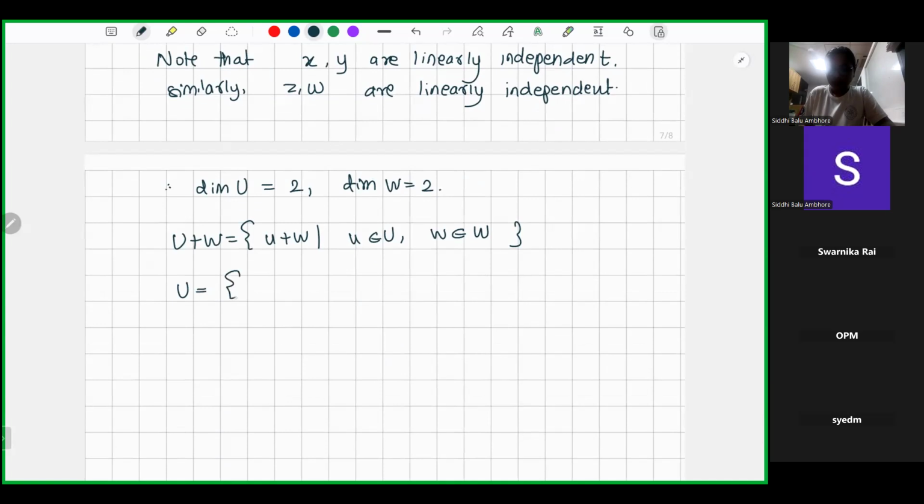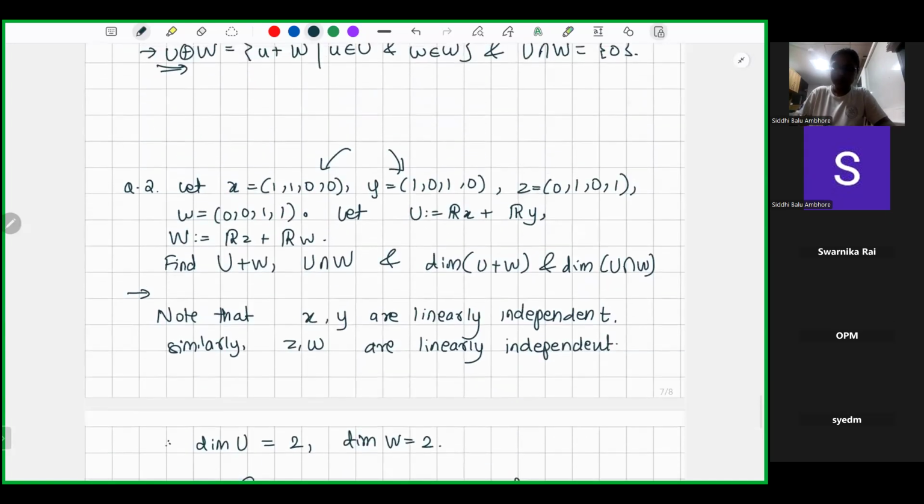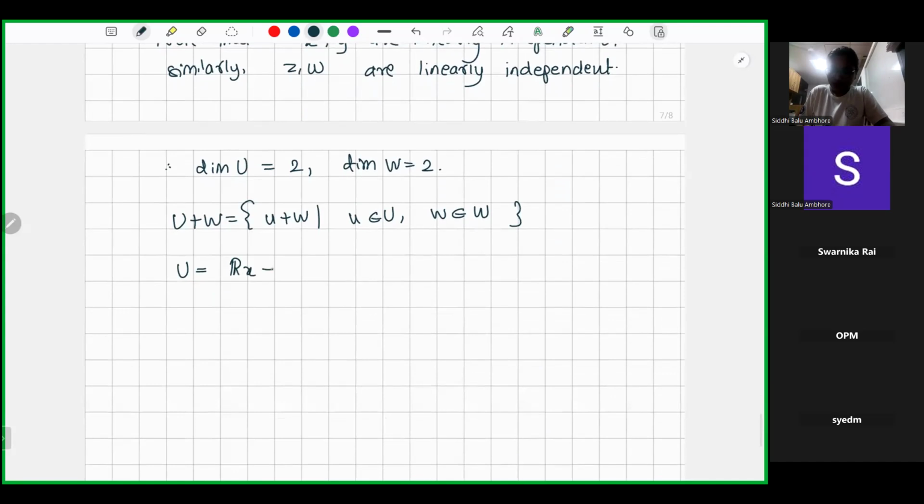So U is the addition of these two vectors, right? Rx plus Ry.